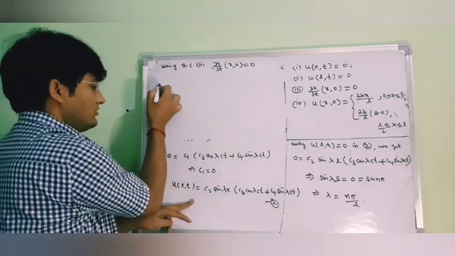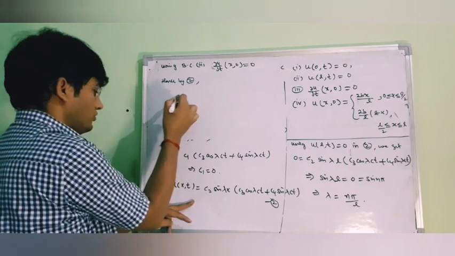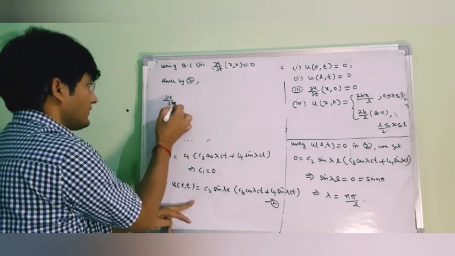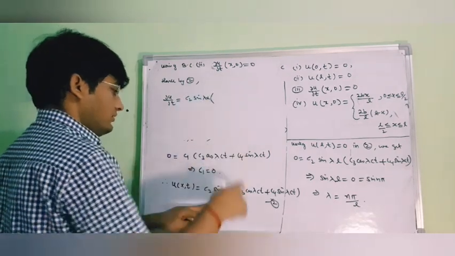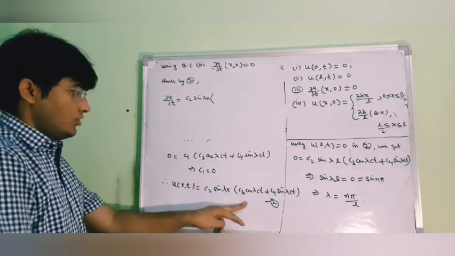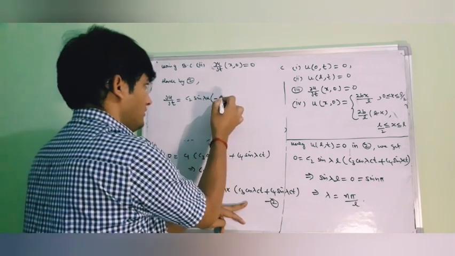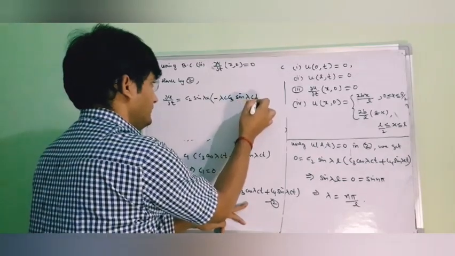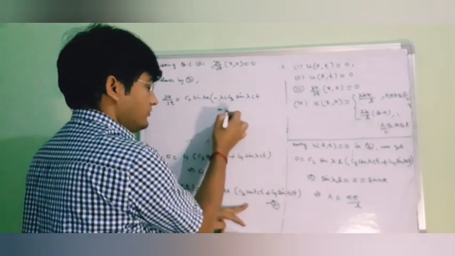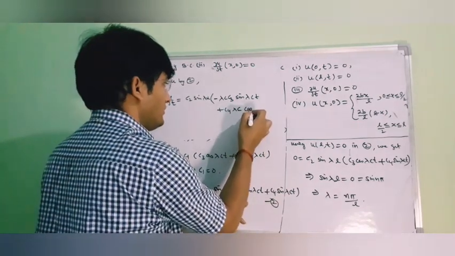So the differentiation of equation 2 with respect to t will be this will be C2 sin lambda x, and here the differentiation of cos will be minus sin lambda ct. Then here we will have C4 lambda c, and the differentiation of sine will be cos lambda ct.